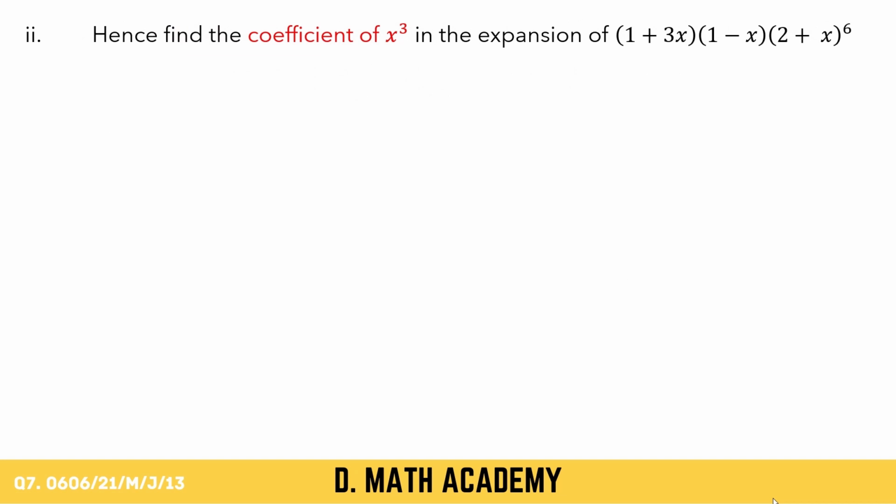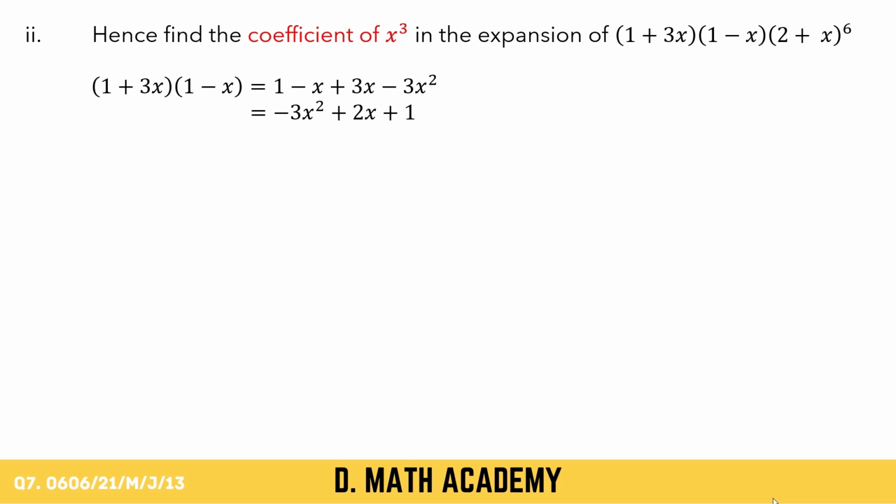So in part 2, find the coefficient of x cubed in the expansion of (1 + 3x)(1 - x)(2 + x)^6. You're required to multiply the (1 + 3x) and (1 - x) together first.